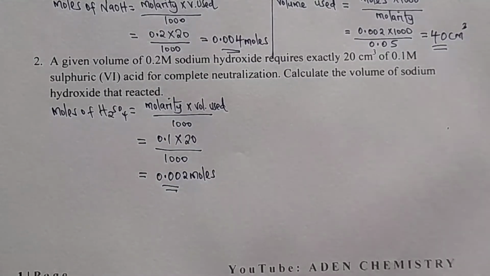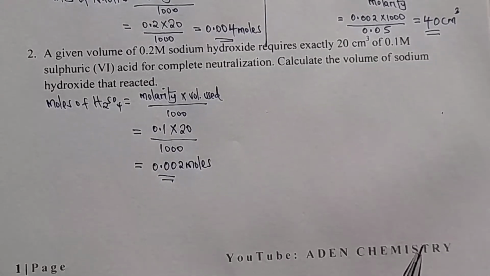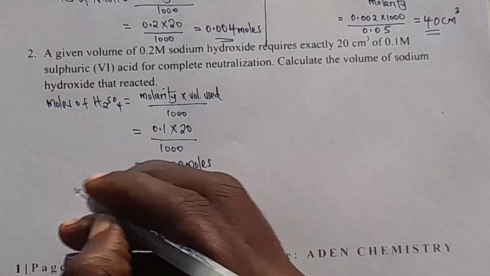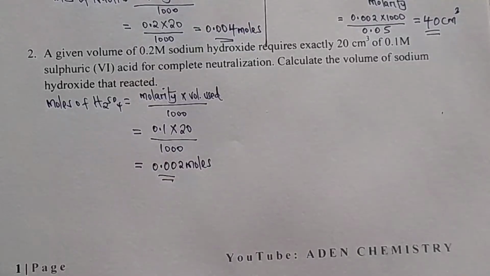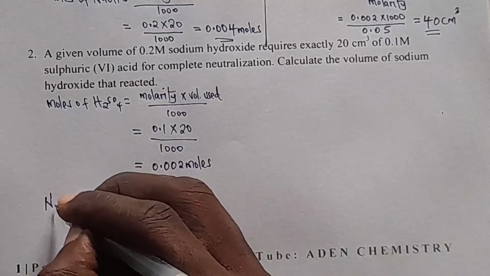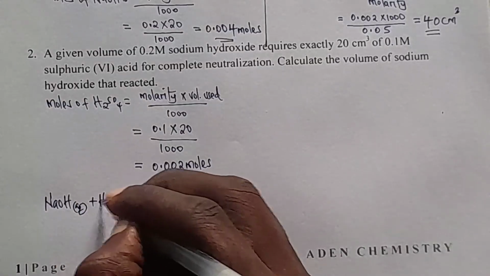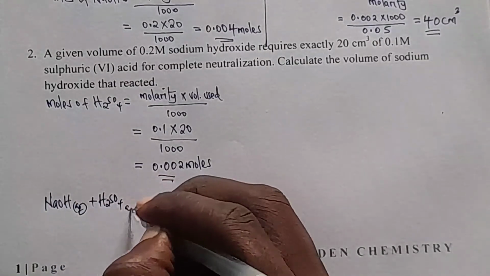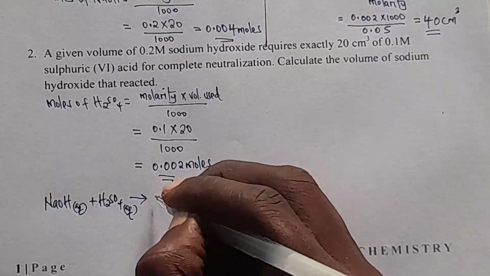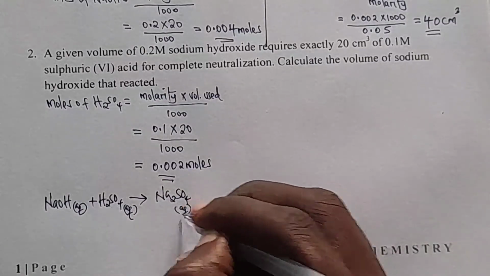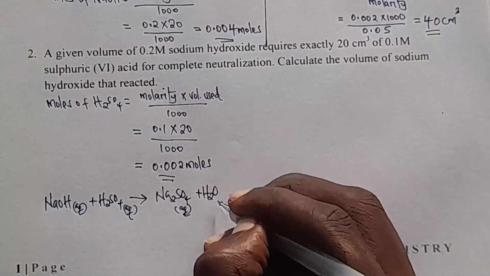Next, I have to go to the number of moles of sodium hydroxide, and that one I can get by using the mole ratio after I write the equation for the reaction between sodium hydroxide and dilute sulfuric acid. The reaction will be sodium hydroxide aqueous plus sulfuric acid aqueous, giving a product of sodium sulfate aqueous plus water, which is liquid.